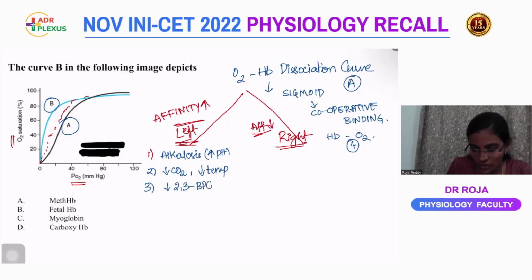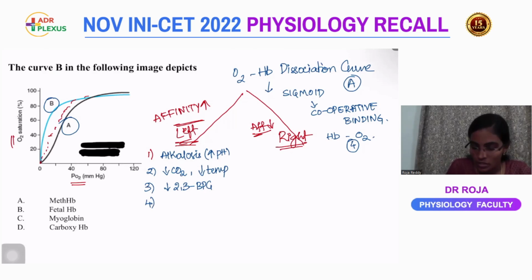What does 2,3 DPG do? It binds with the beta chains of the hemoglobin and displaces the oxygen. If there is more 2,3 DPG, more oxygen will be displaced, so oxygen will be released. And if 2,3 DPG is less, affinity will be increased. These are the various conditions.